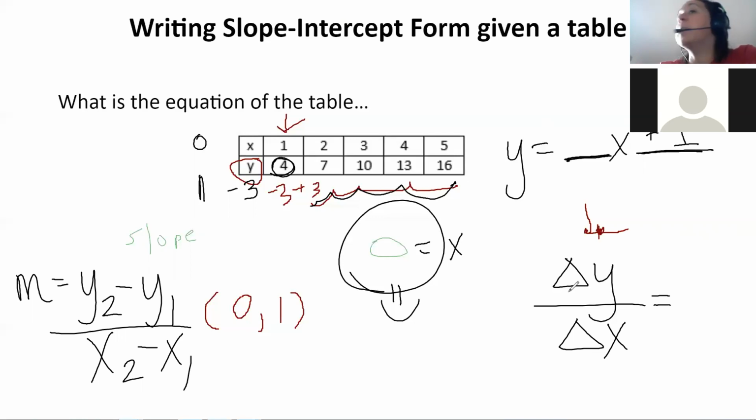So what do you guys think my slope would be? How is my y changing compared to how my x is changing? As you go from left to right, how are the y's changing?